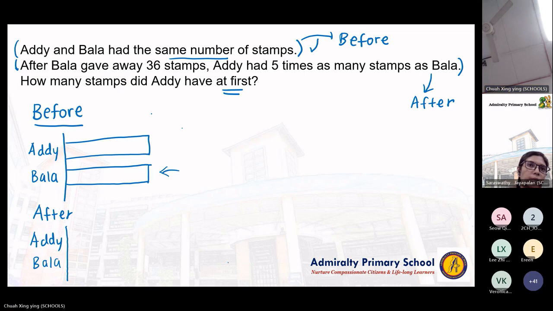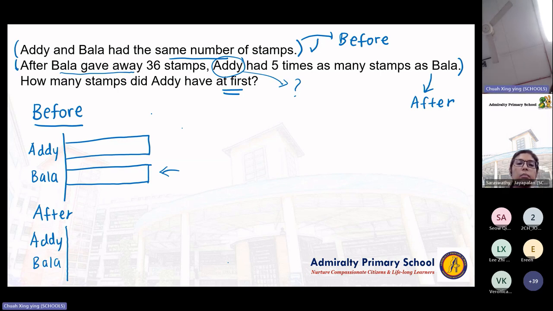All right. And after Bala gave away, we ask ourselves this question: did Eddie give away anything? No. Eddie didn't give away anything. So Eddie's model will remain, but Bala's model will become shorter.